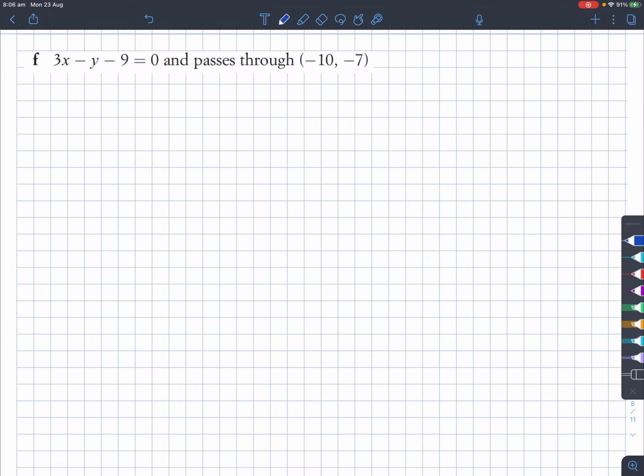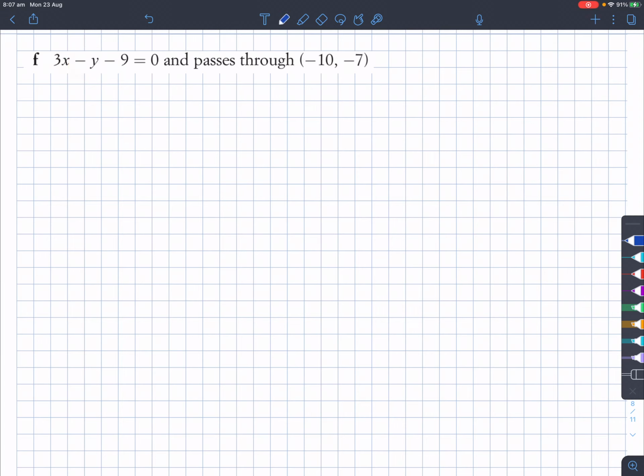Okay, let's go through F. So for question F, we've got 3x minus y minus 9 equals 0 and passes through negative 10, negative 7. So again, this equation here is not written in gradient intercept form. So let's put it in gradient intercept form first. We can do this really easily if the negative y can move to the other side to become a positive y.